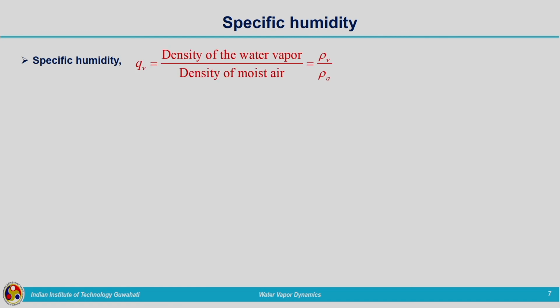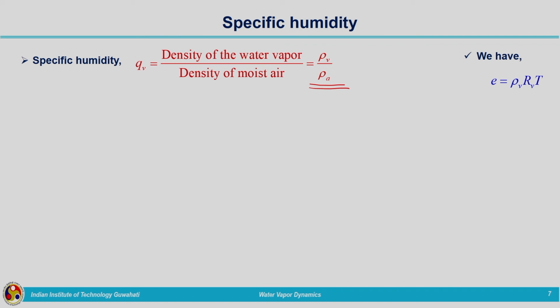Specific humidity is given by the density of the water vapor divided by the density of moist air, that is rho v divided by rho a. Our next step is to get an expression for Qv.